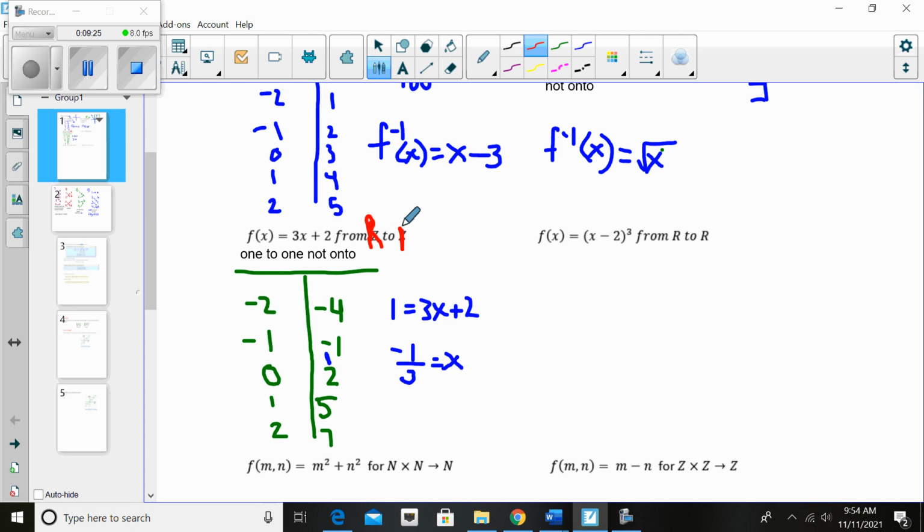If I changed this, then, mapping from all reals to all reals, it is both one-to-one and onto, because if I graphed this, I would connect the points, and my codomain would include all possible y values. No matter what I put in for y, I would find an x that maps to it. So it is onto.